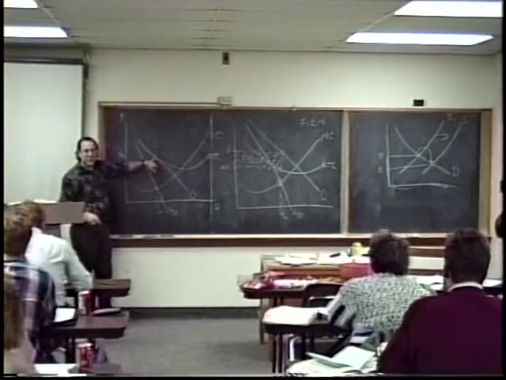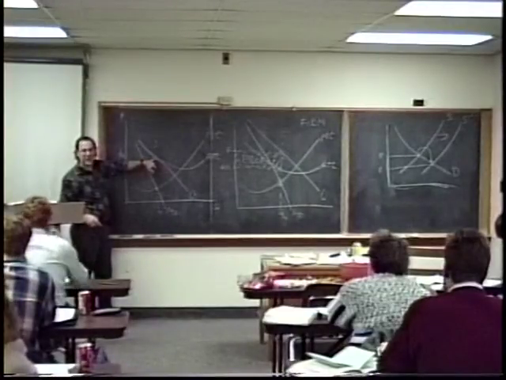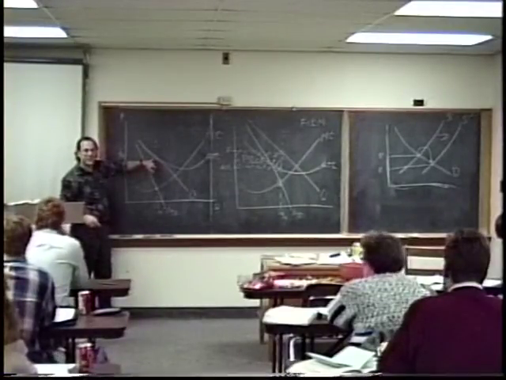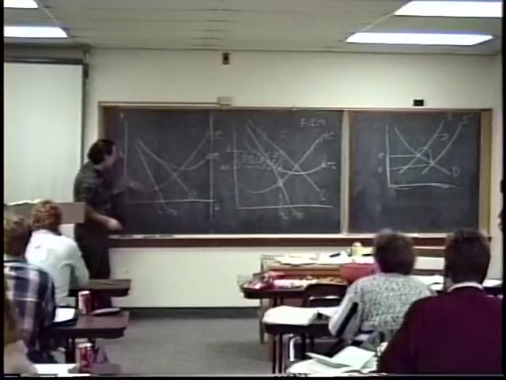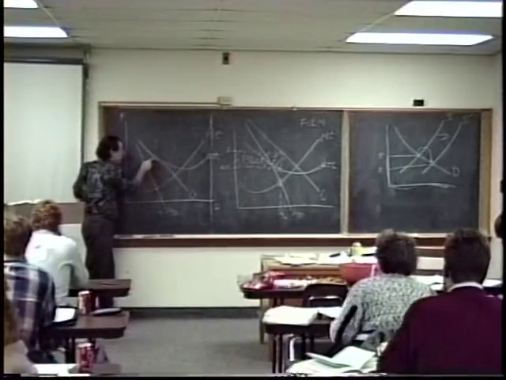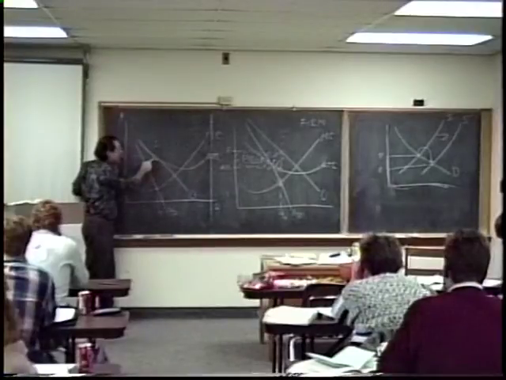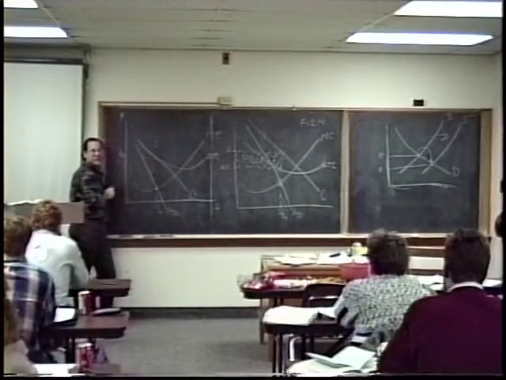You may accuse me of drawing it to make it come out, but it will in fact come out this way. That this point of intersection of marginal revenue and marginal cost, if I follow the quantity line up, it will come out to be the point exactly where the demand curve is tangent to the average total cost.